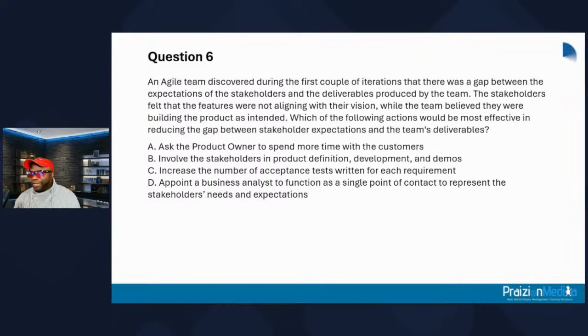Which of the following actions would be most effective in reducing the gap between stakeholder expectations and the team's deliverables? A. Ask the product owner to spend more time with the customers. B. Involve the stakeholders in product definition, development, and demos. C. Increase the number of acceptance tests written for each requirement. D. Appoint a business analyst to function as a single point of contact to represent the stakeholders' needs and expectations.